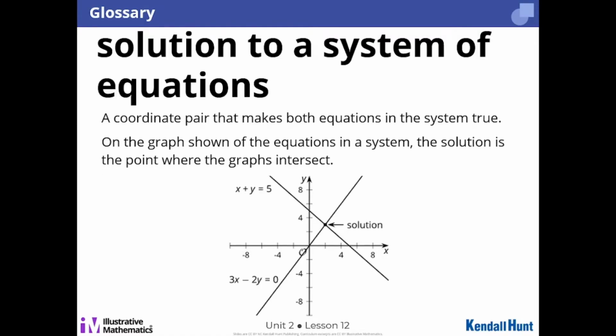For glossary terms, we have solution to a system of equations, a coordinate pair that makes both equations in the system true. On the graph shown of the equations in a system, the solution is the point where the graphs intersect.